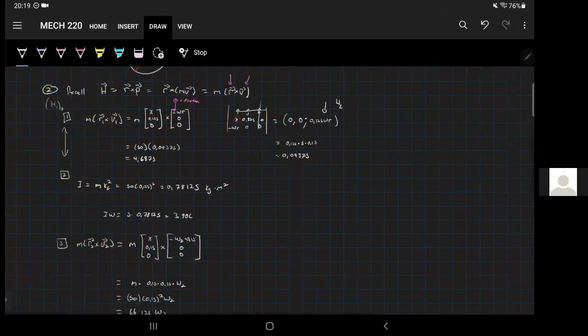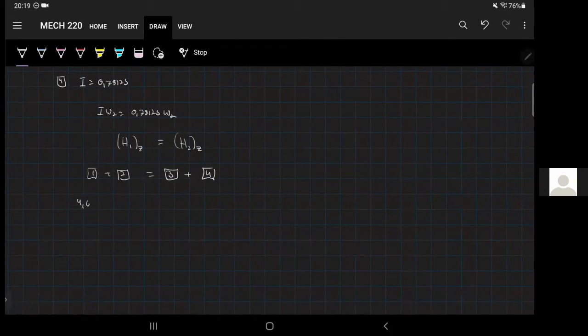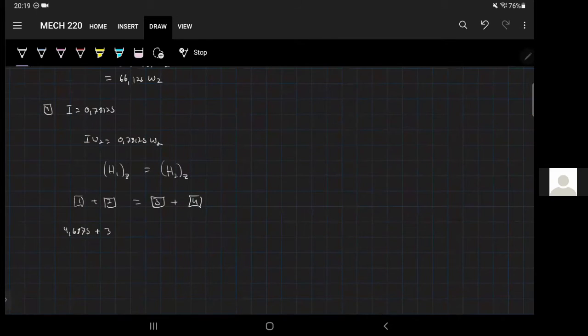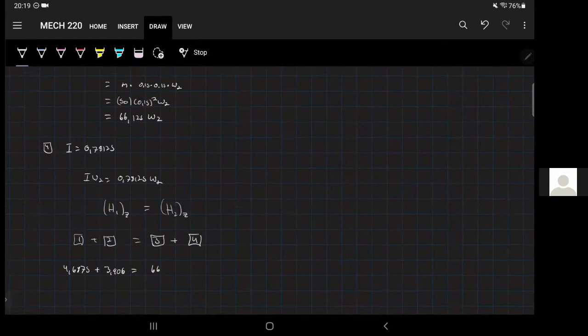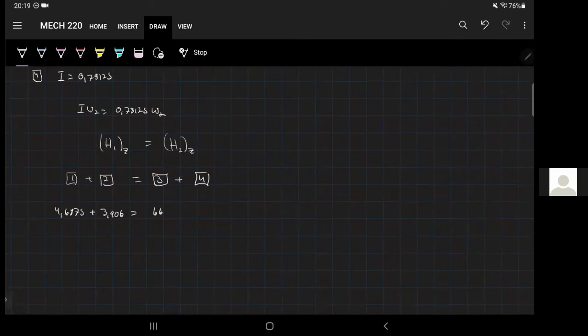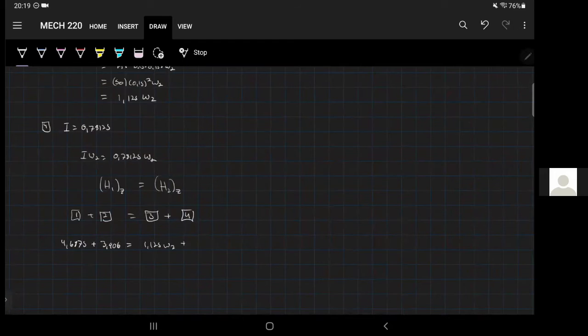If I go back to 1, it was 4.6875 plus 3.906 equals 66. So this does not seem right. Yeah, sorry, this should have been 1.125. All right, so this is 1.125 omega 2 plus 0.7815 omega 2.